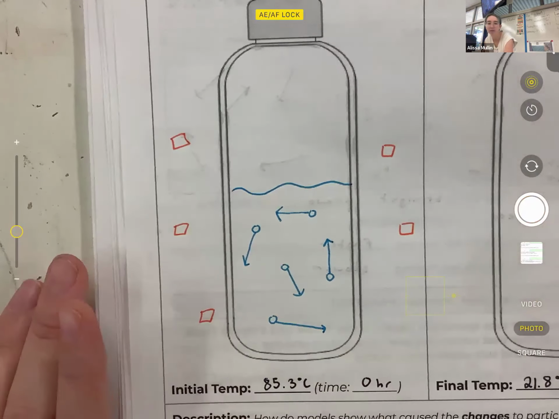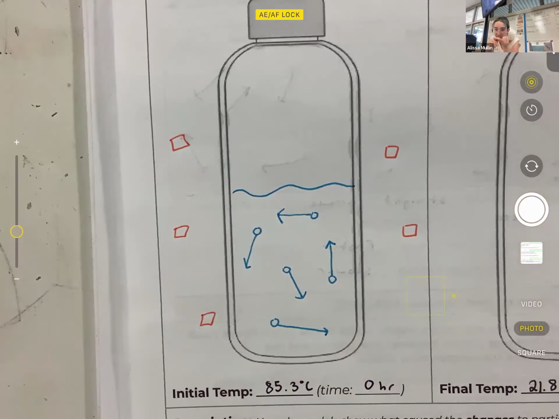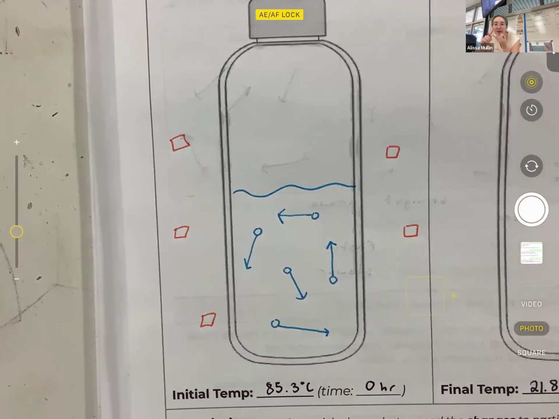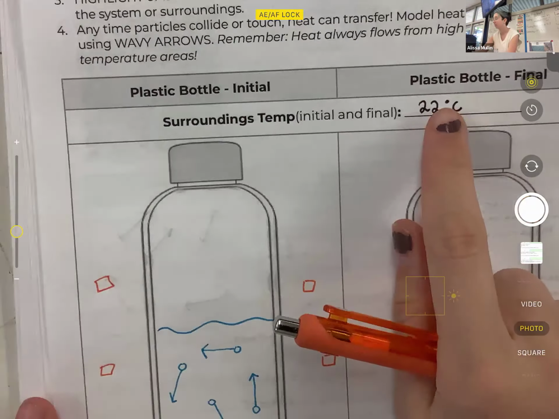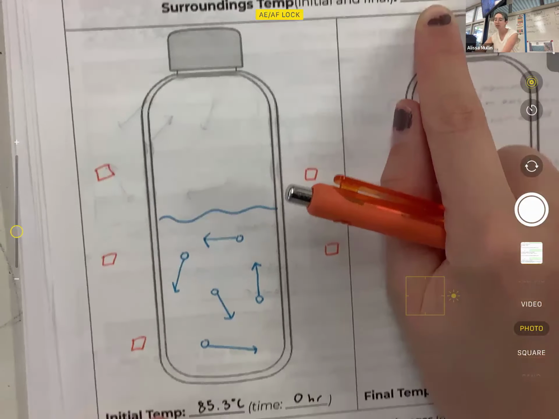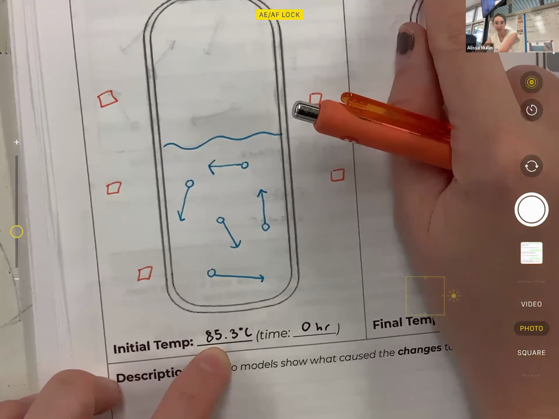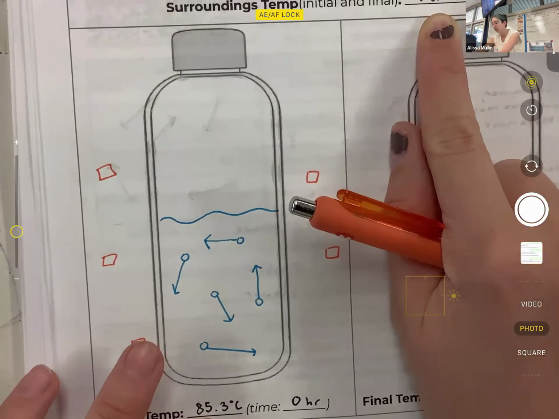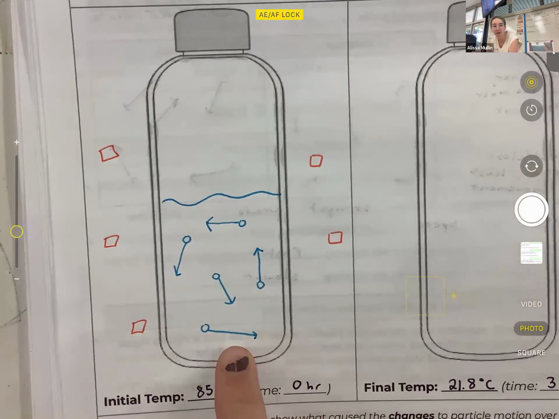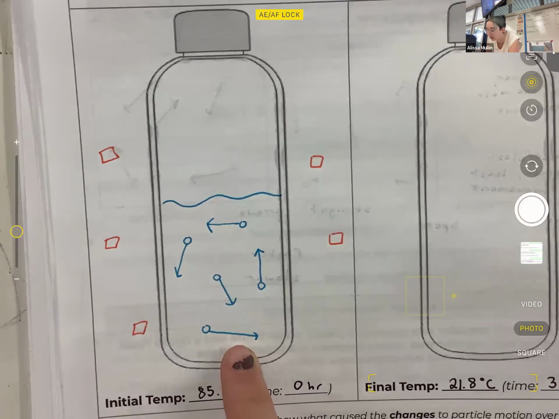And we want to think about showing temperature differences if there are any, and then showing heat transfer if there is any. So when I think about my air temperature versus my water's initial temperature, is there going to be any difference in these arrows that I drew? So, think about it for a sec.